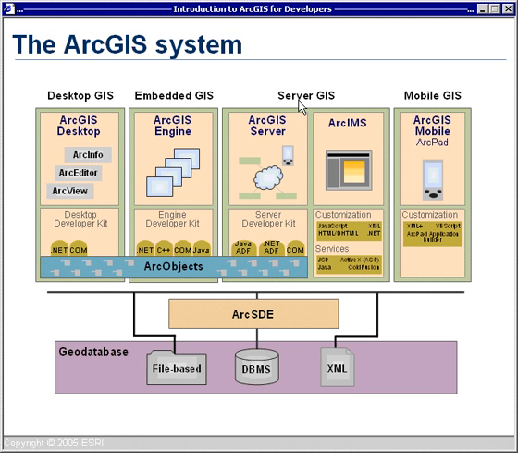Server GIS, which has ArcIMS for serving maps over the internet, and ArcGIS Server for building and maintaining a centrally managed geographic information system. Mobile GIS, with ArcPad for being able to go out into the field to do data capture and analysis. And then there's ArcSDE in the geodatabase at the bottom, which handles all the data access and data administration.